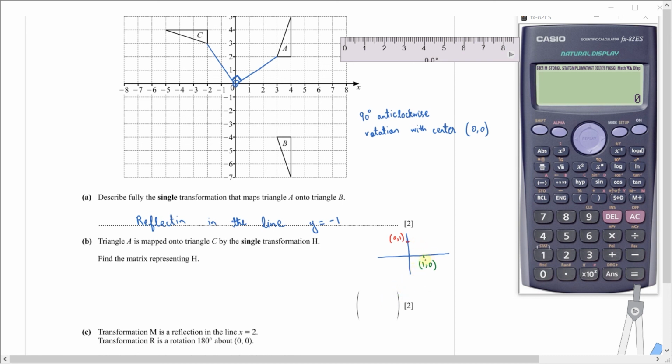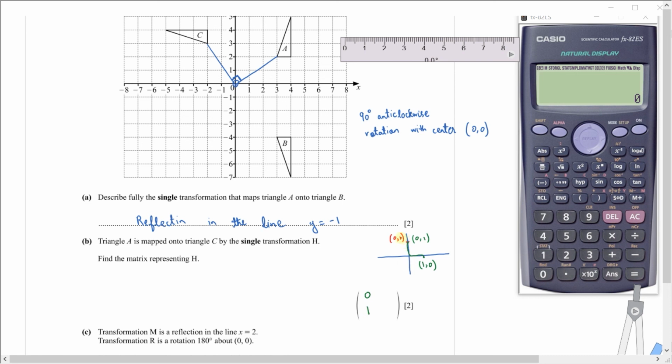So if I rotate point 1, 0, 90-degree anti-clockwise with the center, 90-degree anti-clockwise will take me to this point. So the image of 1, 0 will be 0, 1. So your first column is 0, 1.